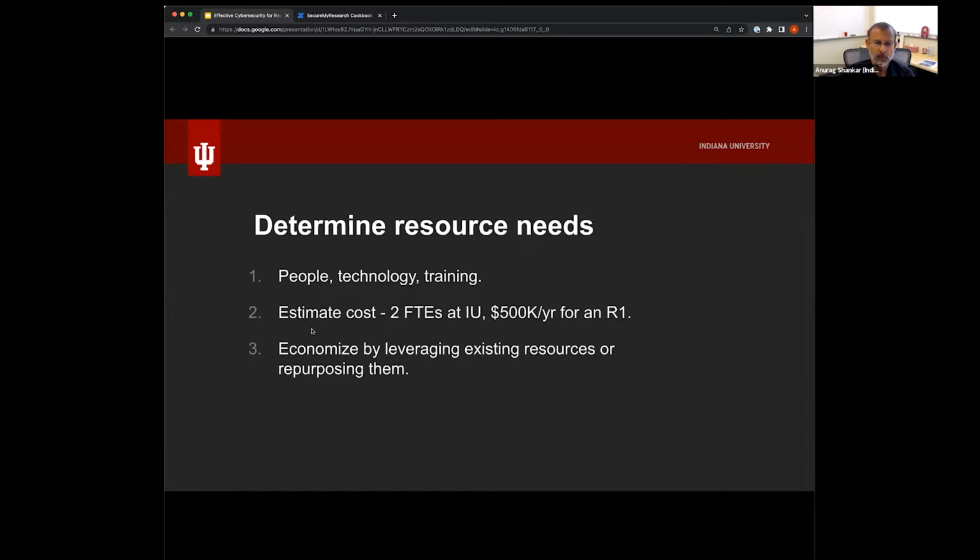For R1 at IU, for example, we figured it takes 2 FTEs, and having done it for 2 years, I can vouch for that. That's about 500,000 a year, and of course it scales down for smaller campuses. Again, read the paper for details. And this can all be offset by leveraging and repurposing existing resources, which we also did.